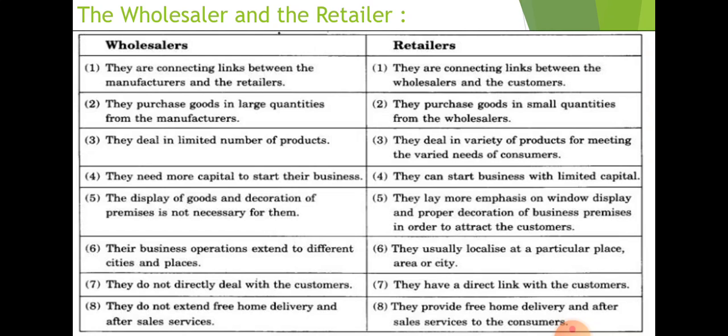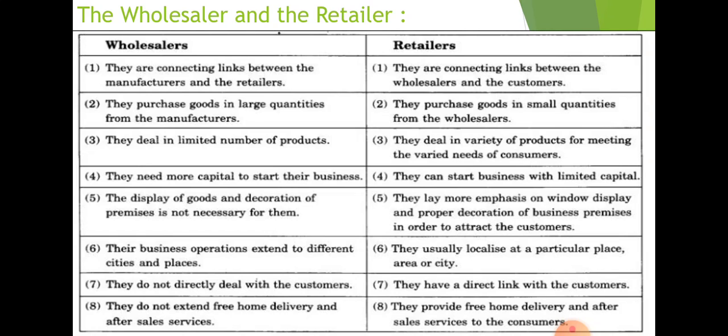They purchase goods in small and large quantities, a variety of products. They can start business with limited capital. So this is not a capital intensive field. They can start with a little amount of money as well.